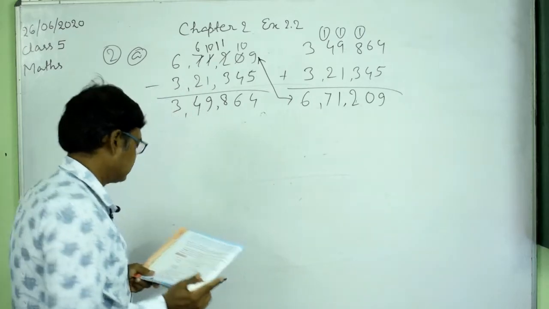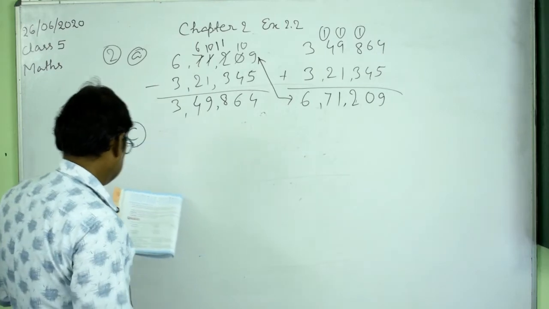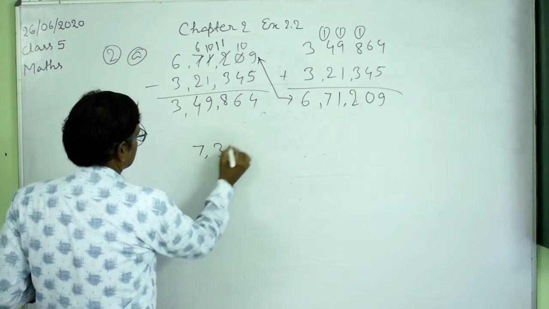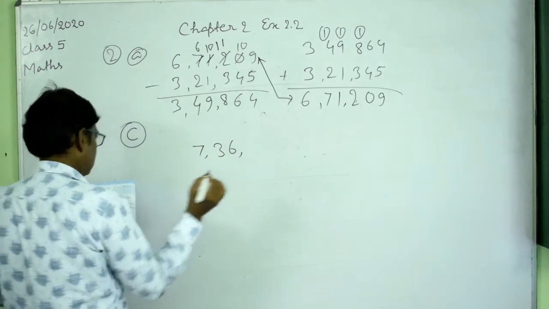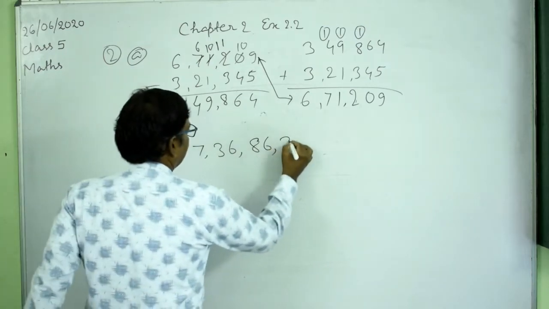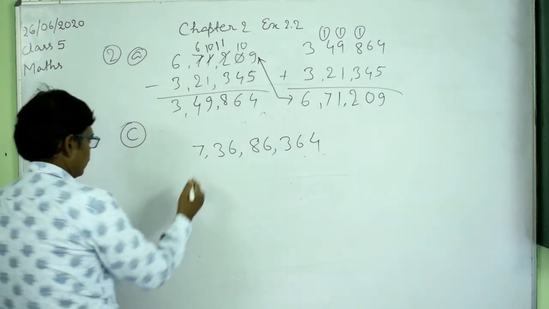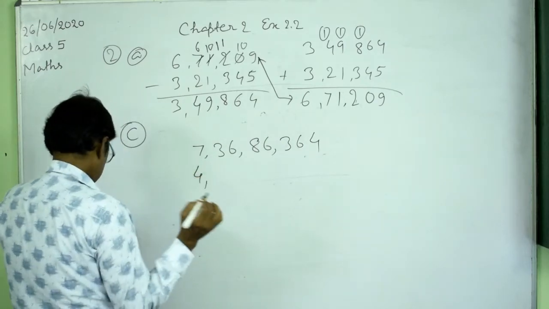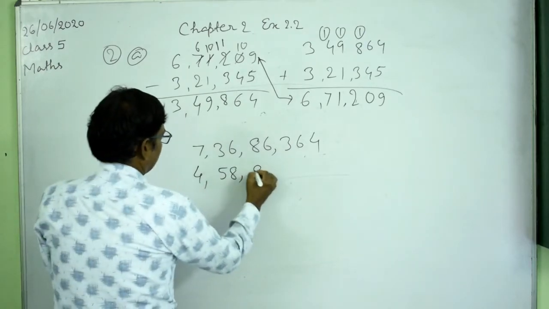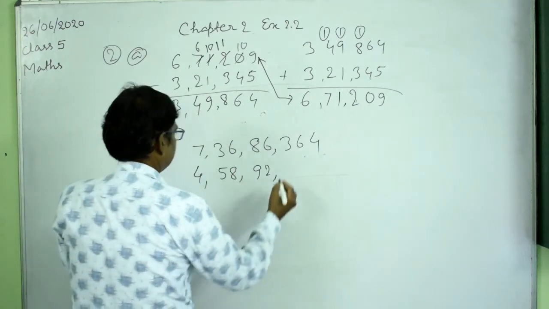Now I will do question number C. Question number C is 7 crore 36 lakh 86,364, and the other number is 4 crore 58 lakh 92,556.